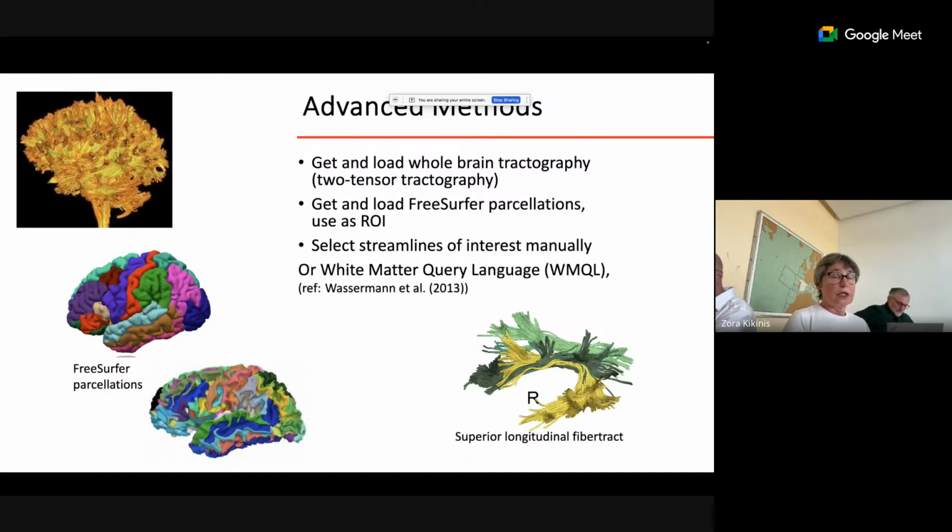Then we also need regions of interest. Instead of drawing regions of interest manually, as I showed before, FreeSurfer parcellation can be used, and FreeSurfer is very quick these days to generate about 70 of these regions of interest in the cortical and subcortical areas.